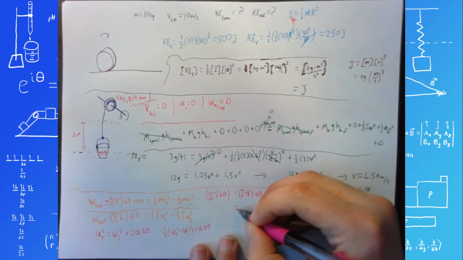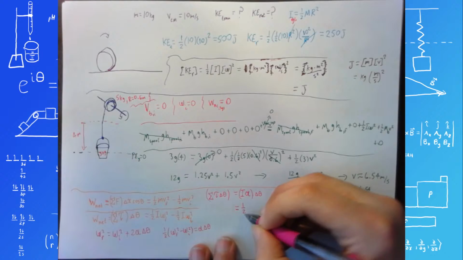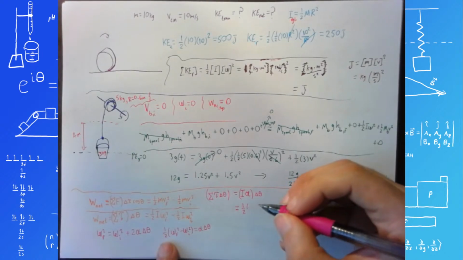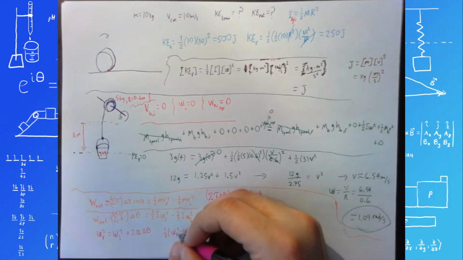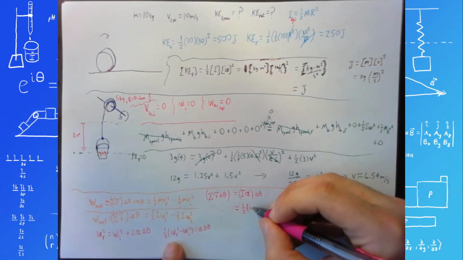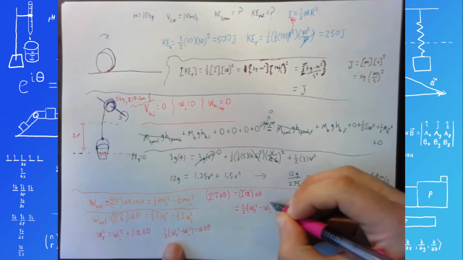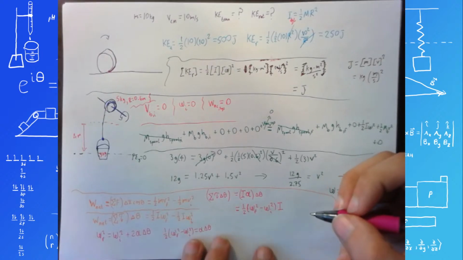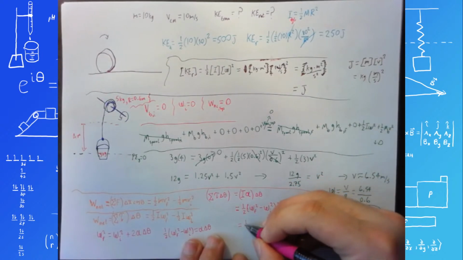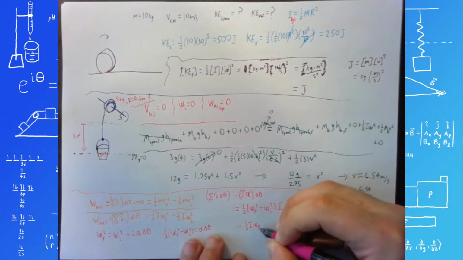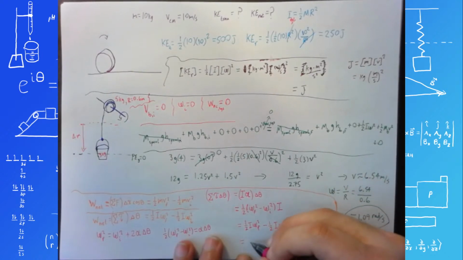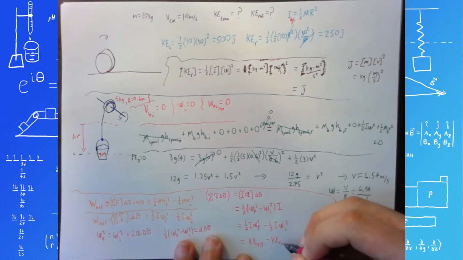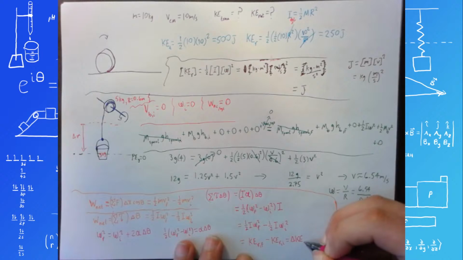And you can probably see from that immediately now that it's going to be I times 1/2 omega final squared minus omega initial squared, so 1/2 omega final squared minus omega initial squared, all times I. Distribute the I and the 1/2, and there you go: 1/2 I omega final squared minus 1/2 I omega initial squared, or in other words, kinetic energy rotational final minus kinetic energy rotational initial, or delta KE rotational.